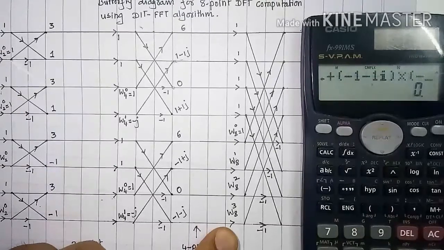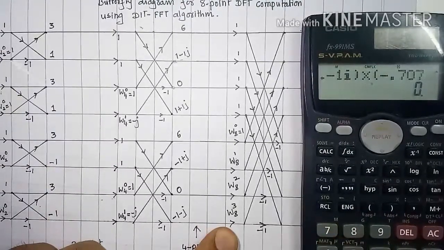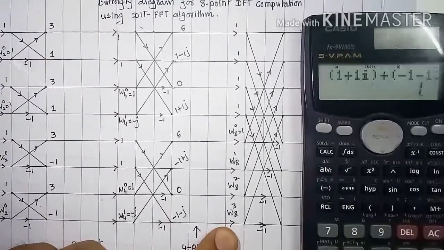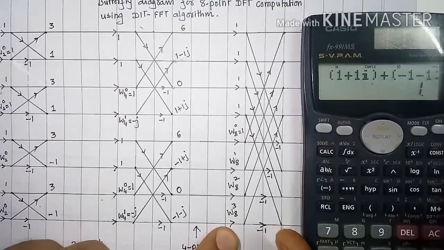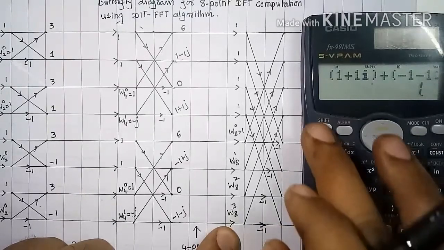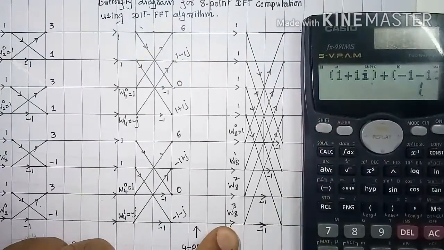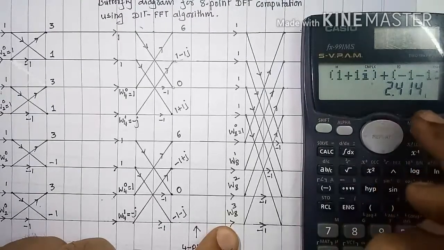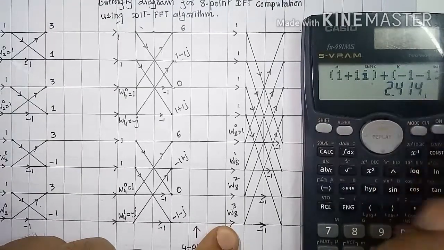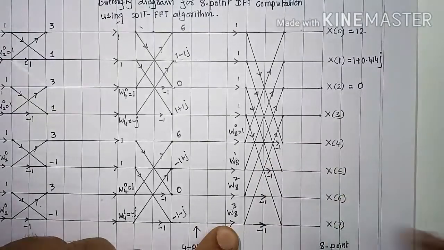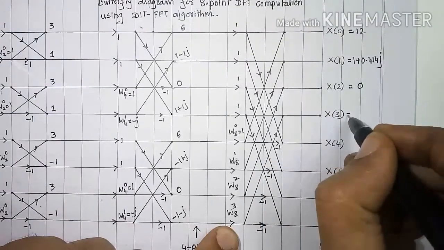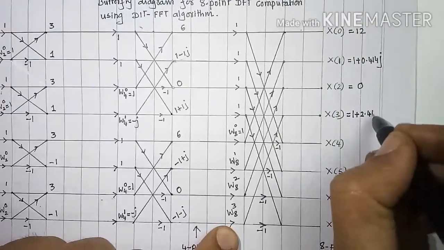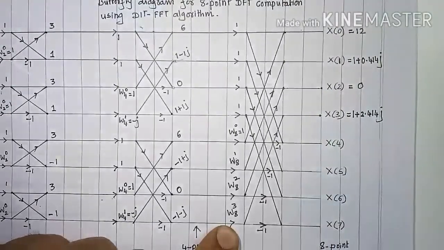W8 raised to 3 is minus 0.707 minus 0.707 j, equal to, you get imaginary part as 2.414 j. 1 plus 2.414 j.